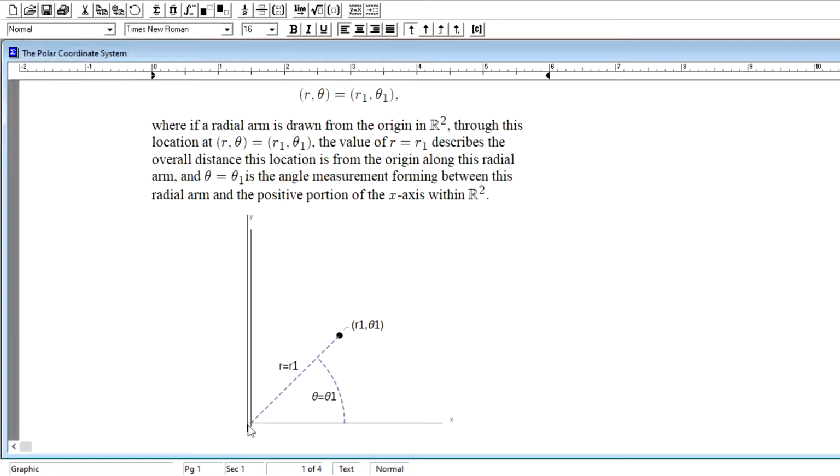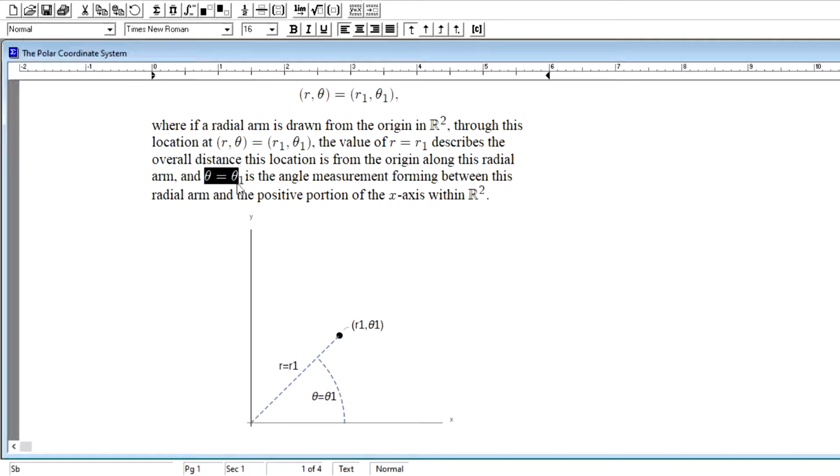If we imagine this line coming from the origin and passing through this location at r1 comma theta 1, the value of r equal to r1 would describe the distance along that radial arm from the origin to this location. R1 is just the description of distance from the origin to the location that we're describing with our polar coordinate.